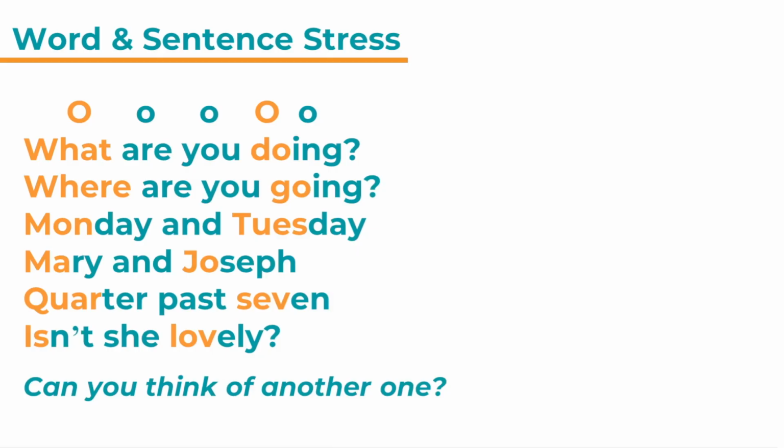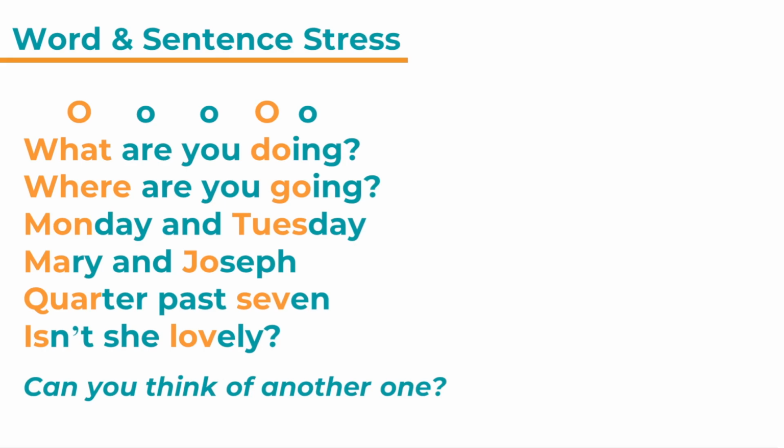I'm going to read it out once more so you can really hear the rhythm and that it's exactly the same in each one. What are you doing? Where are you going? Monday and Tuesday. Mary and Joseph. 7:15. Isn't she lovely?